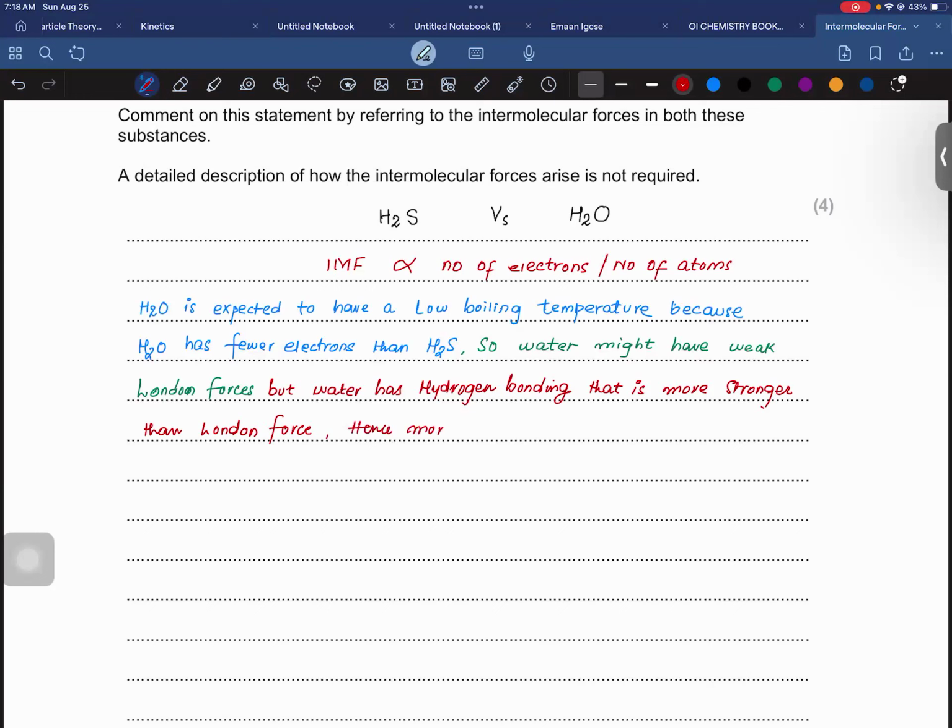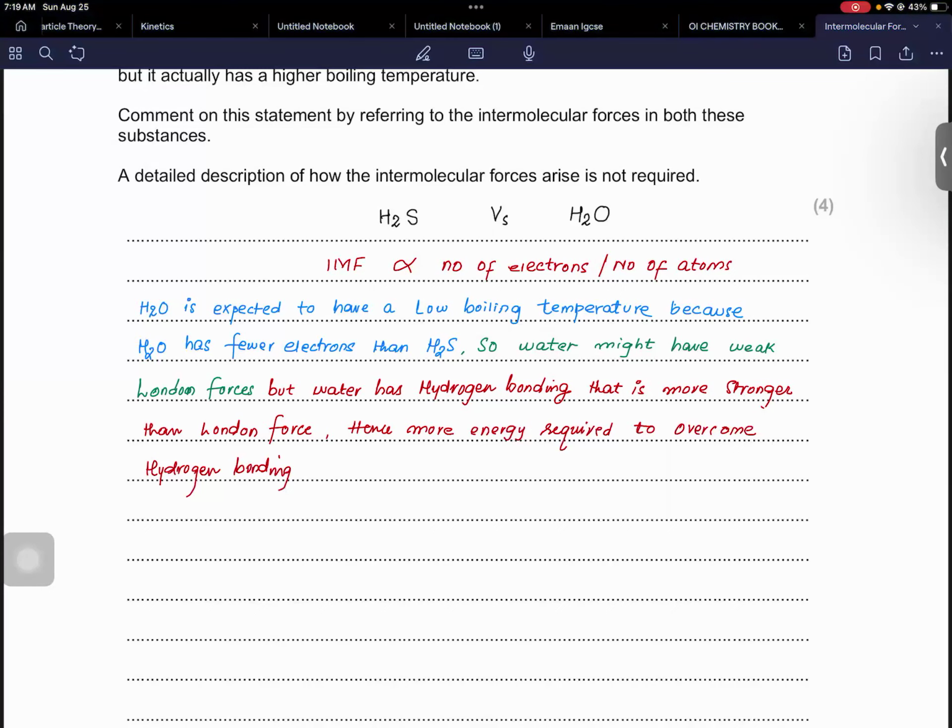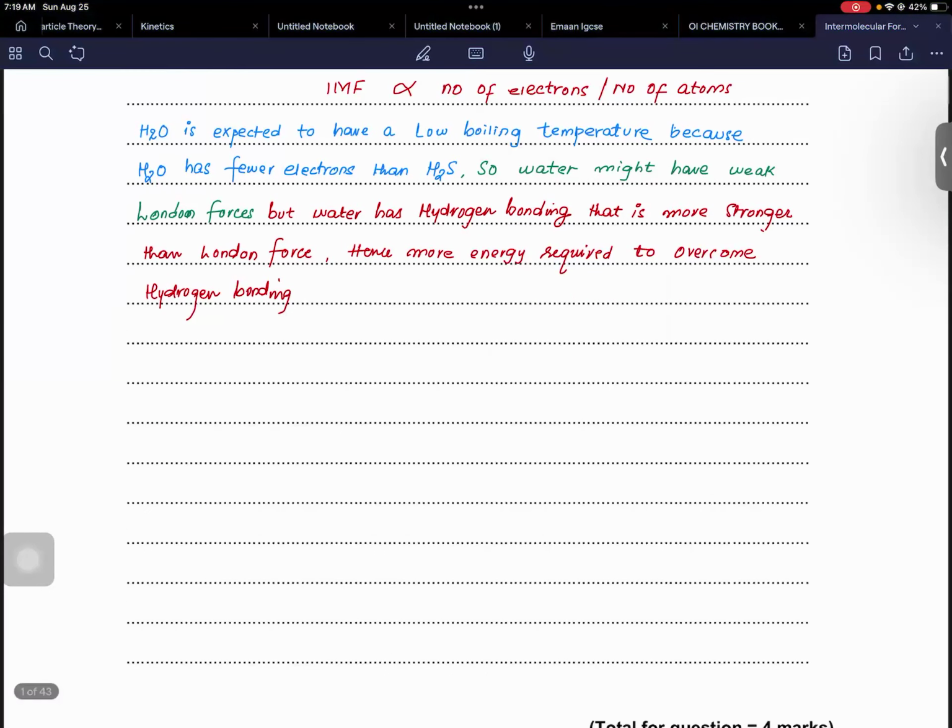Hence, more energy is required to overcome hydrogen bonding. This is the reason water has the higher boiling temperature. Are you getting my point? Yes, sir.